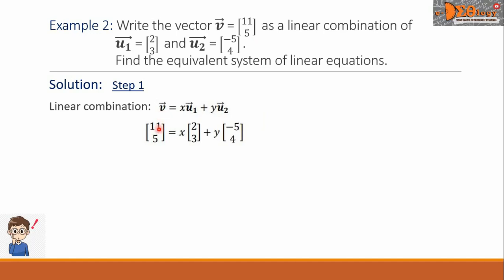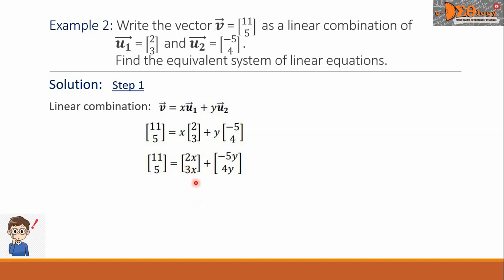The vector v, the column matrix 11, 5, is equal to, we copy the x, and the vector u sub 1 is given here as 2, 3, plus variable y times the column matrix given as negative 5, 4. We can multiply this x with the matrix. So we have 2x, 3x respectively for the first matrix plus negative 5y, 4y for the second column matrix.